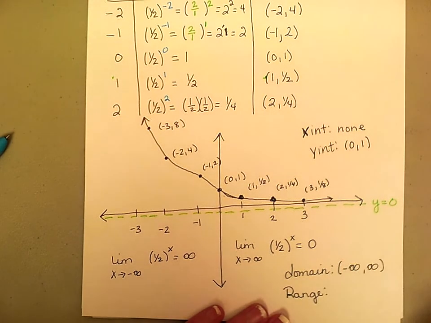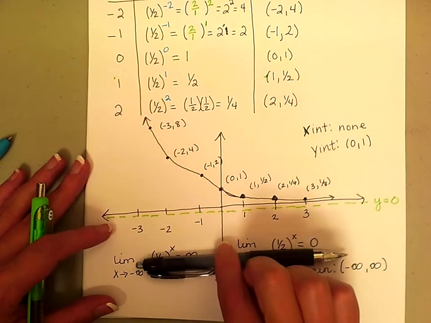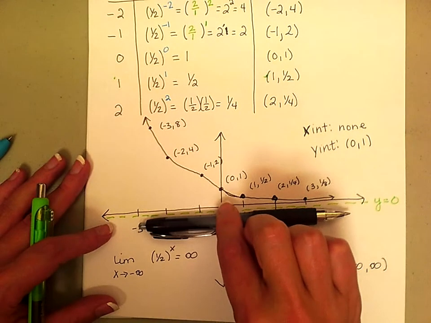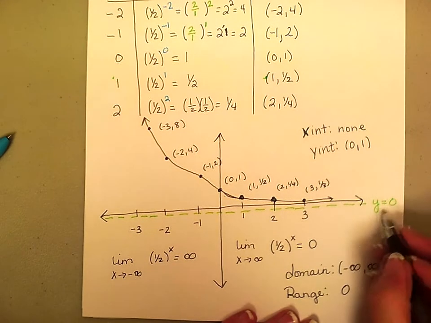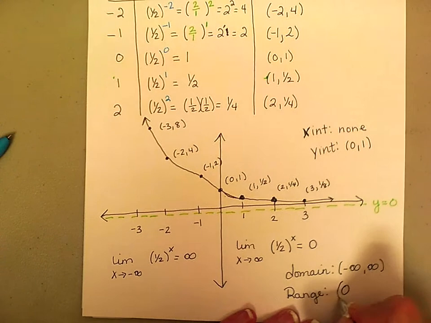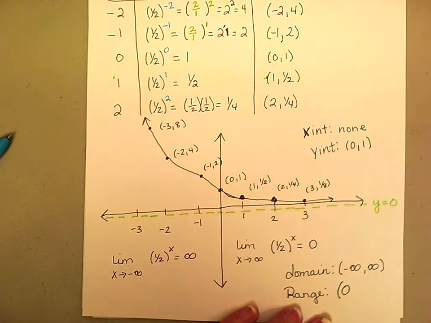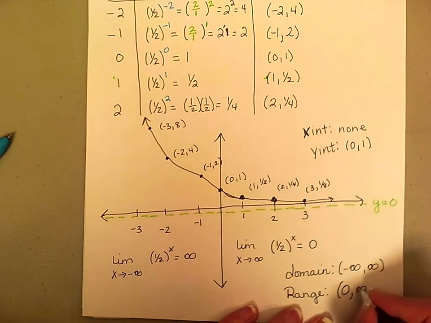We also have the range. There are no values of the graph below, and the very first value we could pick up is 0. Although, because of this asymptote, it can never actually pick it up. So therefore we'll enclose it with a parentheses, and then the graph will take off to infinity.